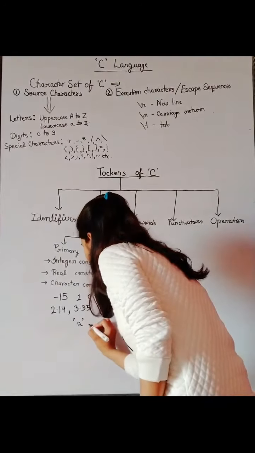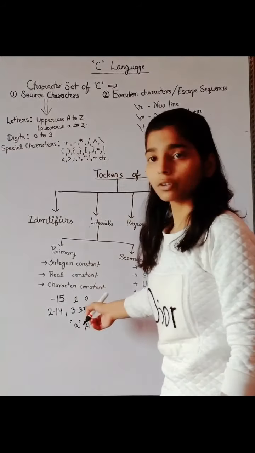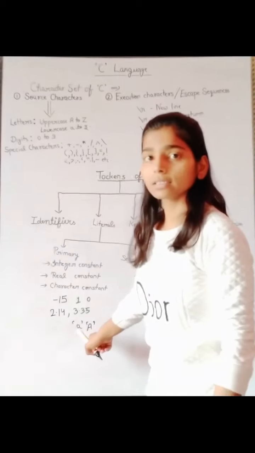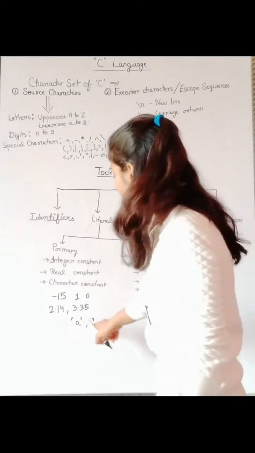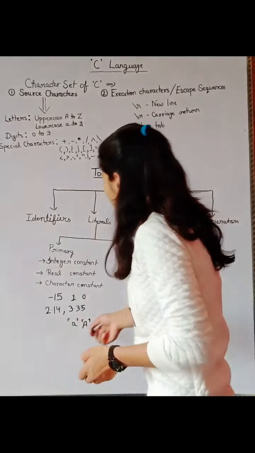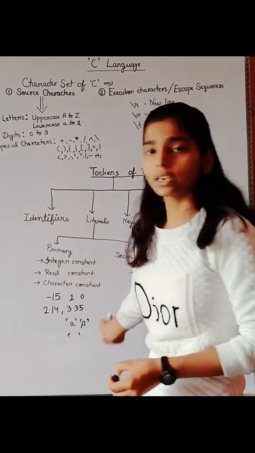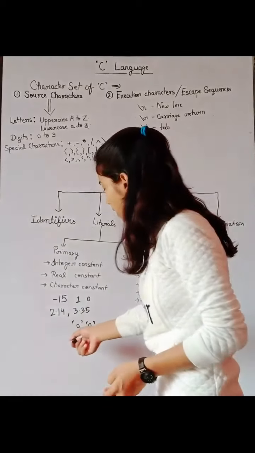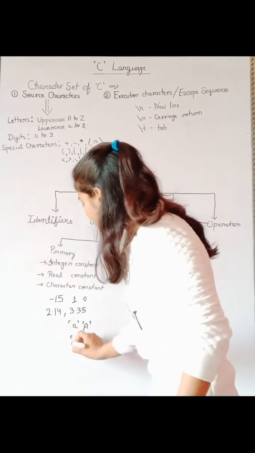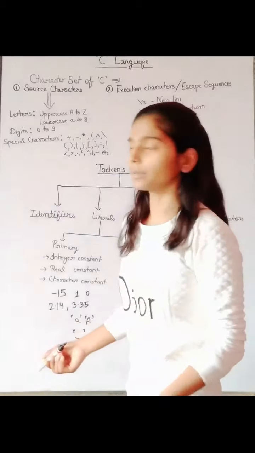In the same way, if we write capital A, this is also a character constant, but this A and this A are different because C language is case sensitive and it differs between lowercase a and uppercase A. Space is also a character constant. If we write single quotes and a space is left, then it will be known as a character constant.